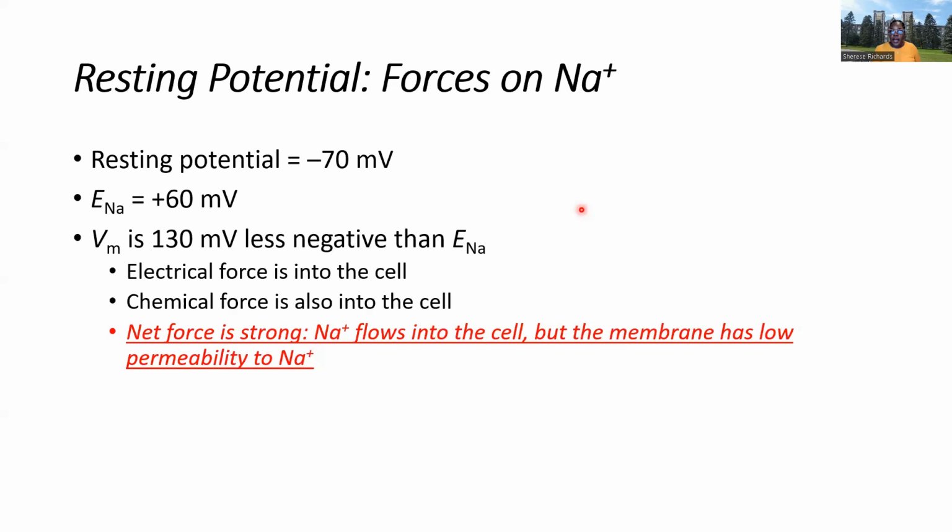Okay. And I want to emphasize here, this is a point that often goes overlooked, is that the ions never really reach their equilibrium potential. They never actually get there. The cell never gets to positive 60 millivolts.